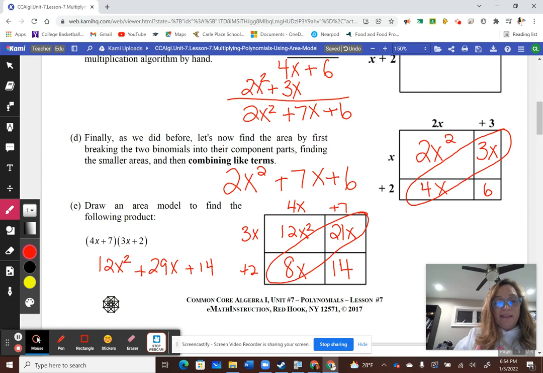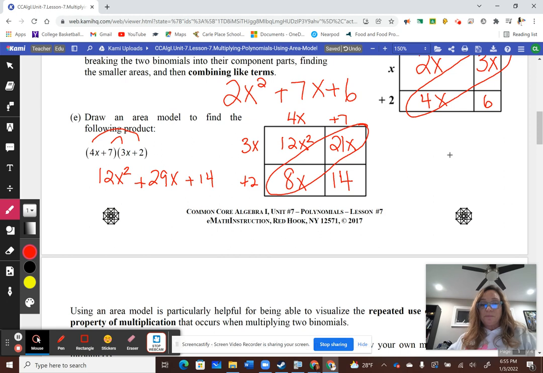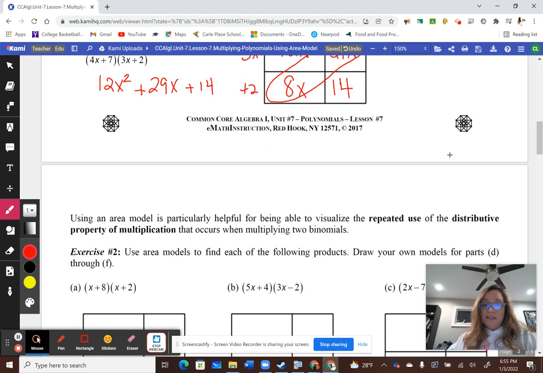And you can just check that quickly by saying 4x times 3x, 12x squared makes sense, 2 times 7, 14 makes sense. And then you can add those partial products together to make sure you get the 29. Okay, so it's sort of like breaking it down to put it back together. One of the things I like about this method is that it's very organized and it helps you find your like terms easily.